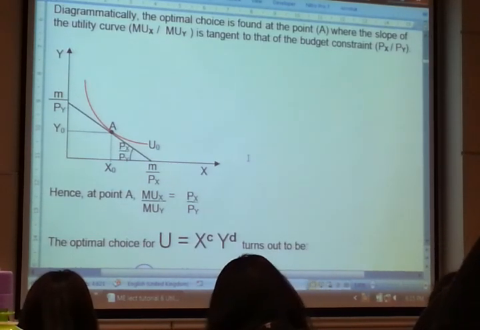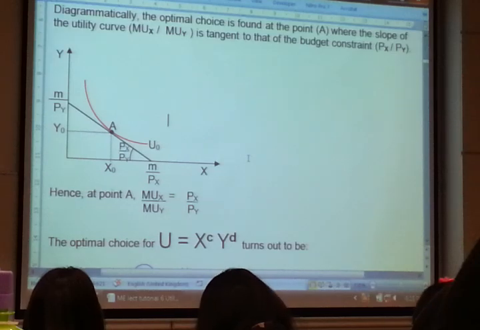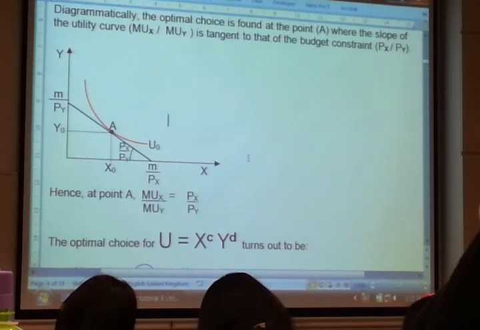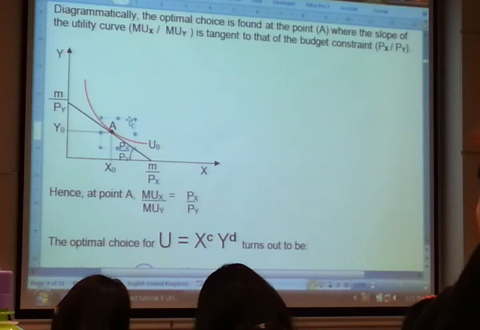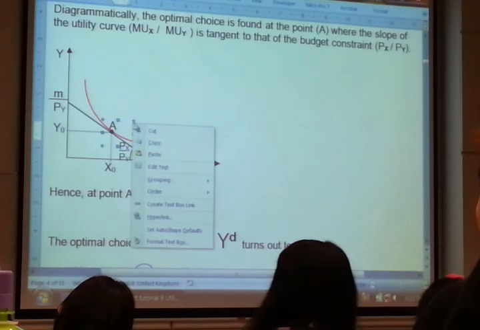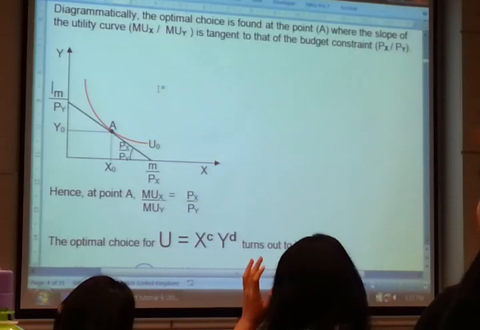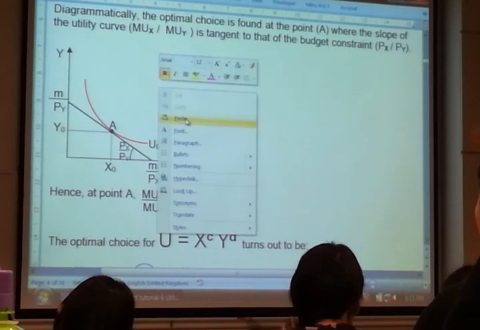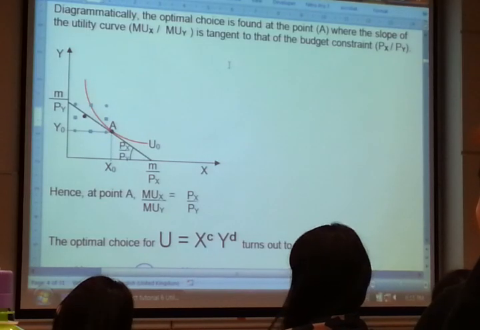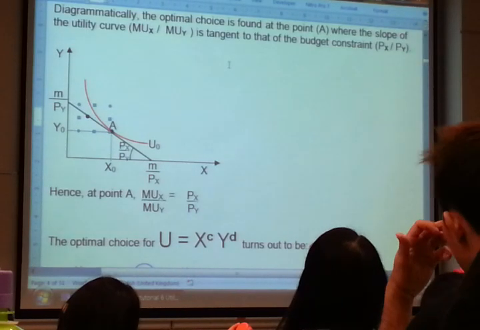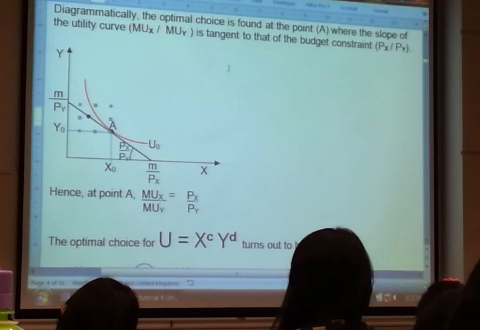Okay. You understand that, right? You learned before, right? Why not other points? In other words, why not this point? Why not here? I'm sure you can choose here, right?